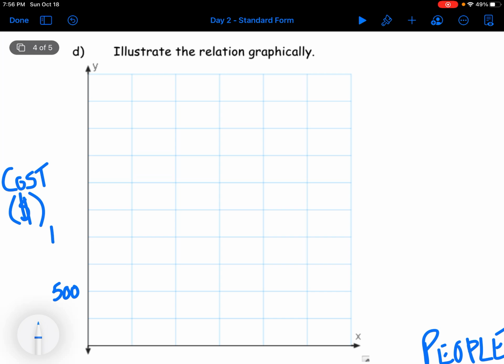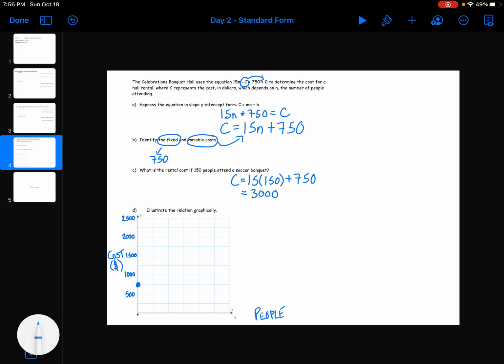So that means that every 2 boxes, it's going up by 500. Okay, so my cost is going up by that. I know my starting value is 750, so it's right there.